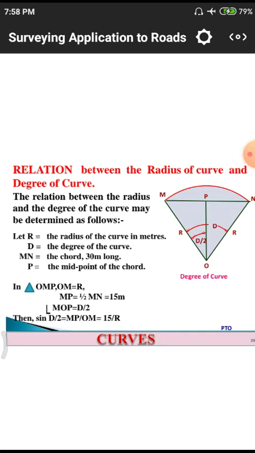Angle MOP equals D by 2, since the total angle is D, and angle NOP is also D by 2. So sin D by 2 equals MP by OM, that is, opposite side by hypotenuse.